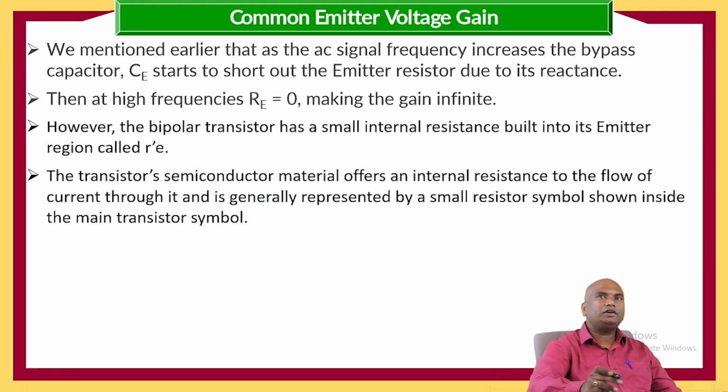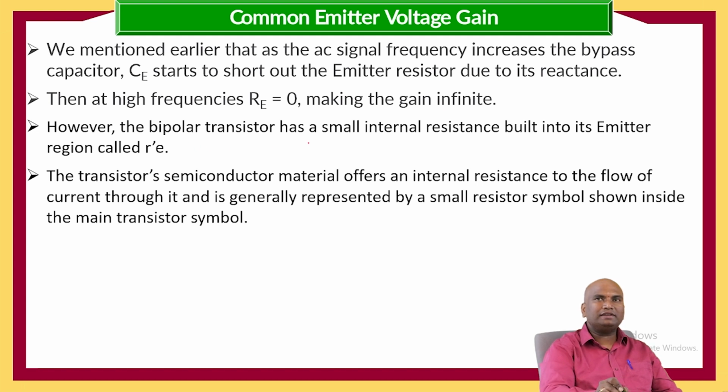Here we have mentioned earlier that as the AC signal frequency increases, the emitter capacitance short circuits the emitter resistance due to its reactance. Then at high frequencies, RE value is equal to 0, making the gain infinite.